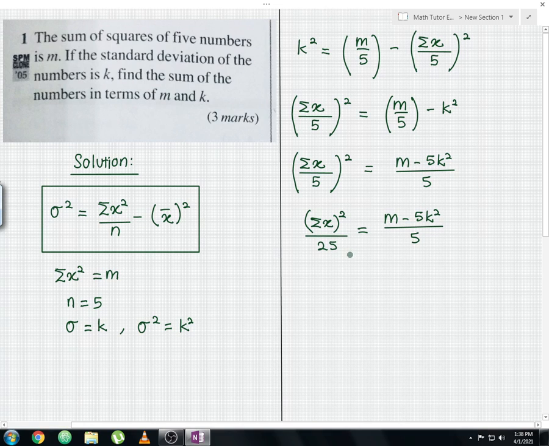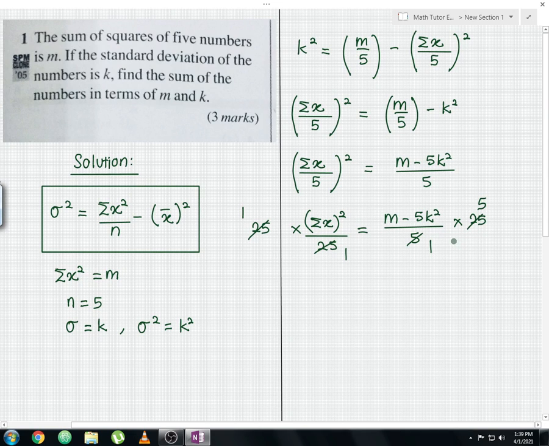From here we're going to simplify this 25, guys. I'm going to multiply by 25 at the right hand side and multiply by 25 at the left hand side. So this 25 will cancel off and become 1, this 5 will cancel out and become 1, and this 25 will cancel out and become 5.